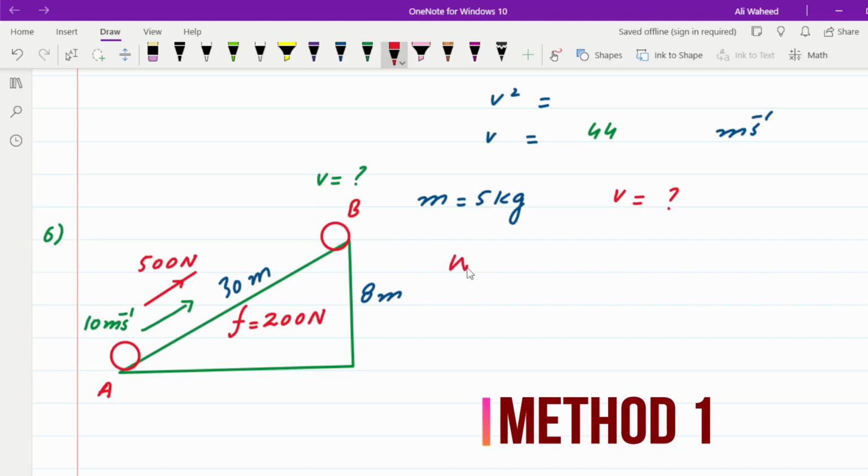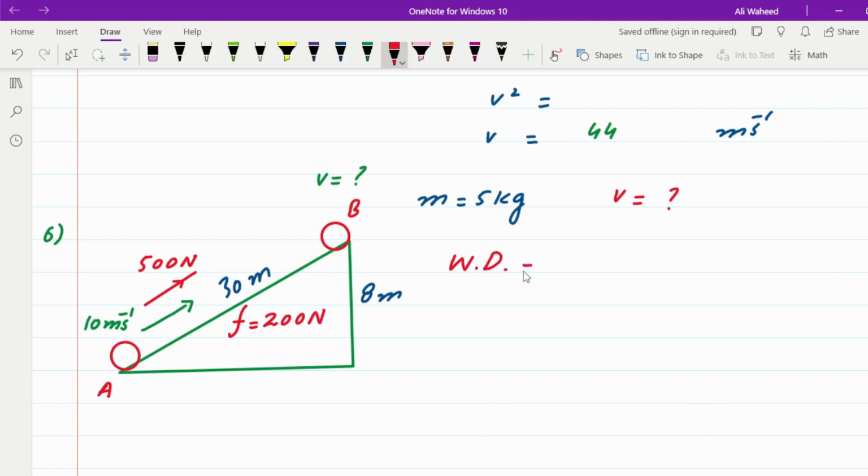The work done, if you're moving up the slope: work done equals the change in kinetic energy, delta KE, plus the change in GPE, plus the work done against friction.